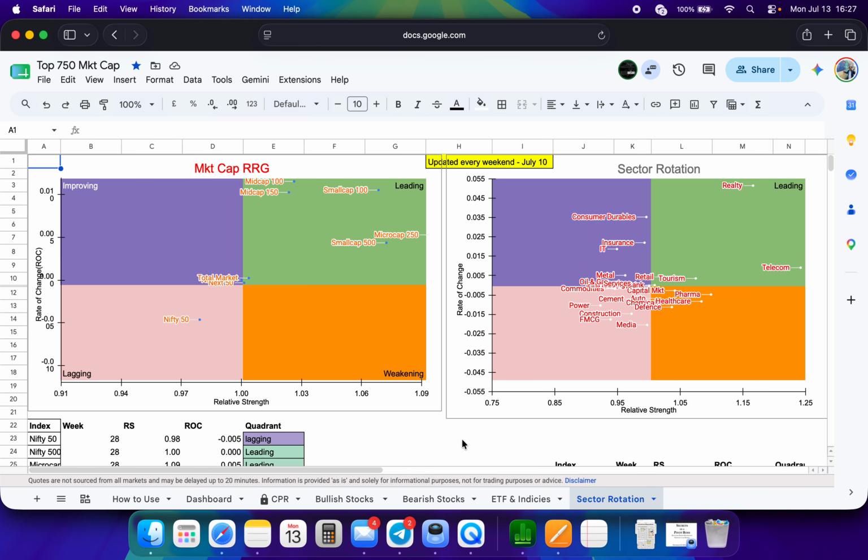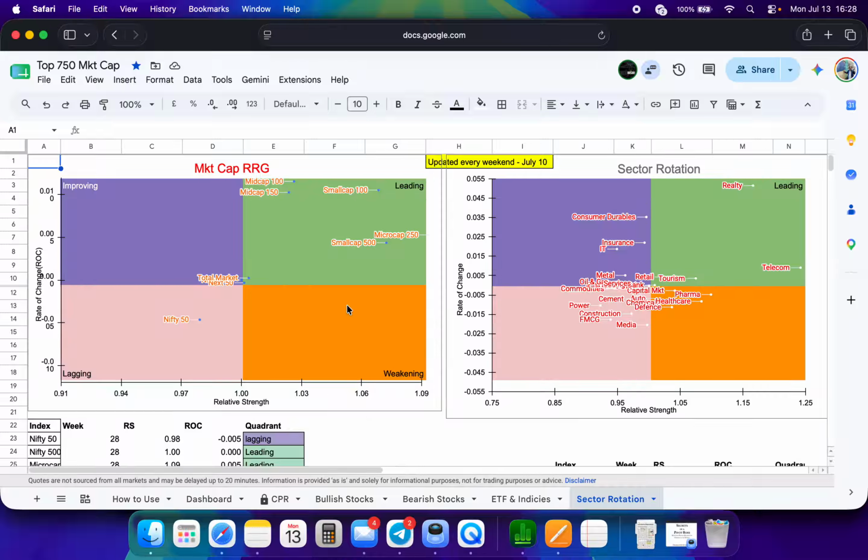The RRG graph is very famous. It is a concept by Julius, done about 70 years back. Based on that same rough formula, certain sectors and certain market cap indices I have placed, calculated by way of formula, and depending on the formula they are in leading, weakening, improving or lagging.